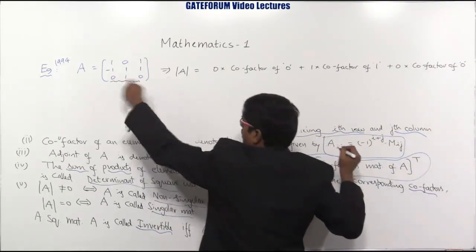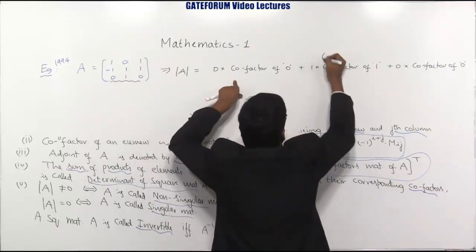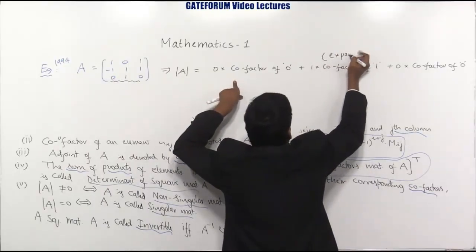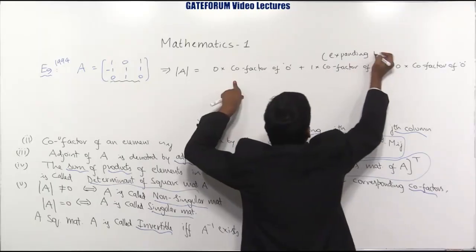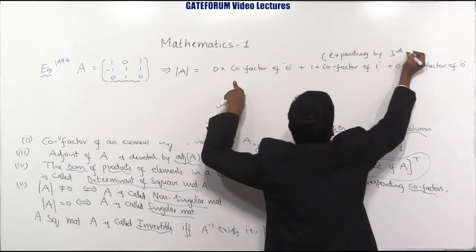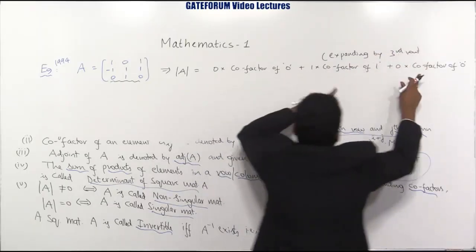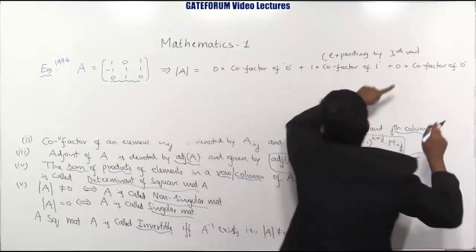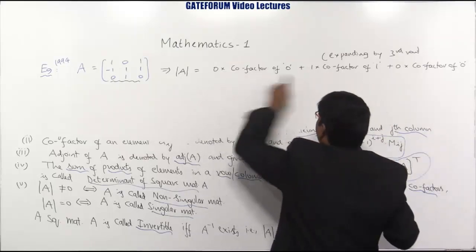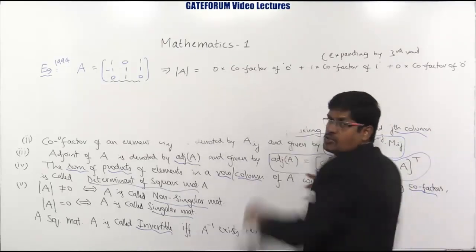That is expanding by the third row. Plus means sum, into means product. Sum of the products of the elements with their corresponding cofactors.